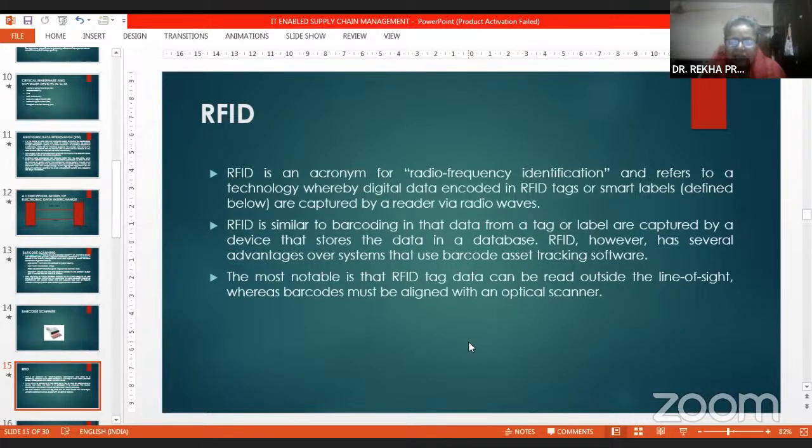RFID is similar to barcoding in that data from a tag or label are captured by a device that stores the data in a database. RFID, however, has several advantages over systems that use barcode tracking software. The most noted is that RFID tag data can be read outside the line of sight, whereas a barcode must be aligned with an optical scanner. So even at a remote place, it can read it.